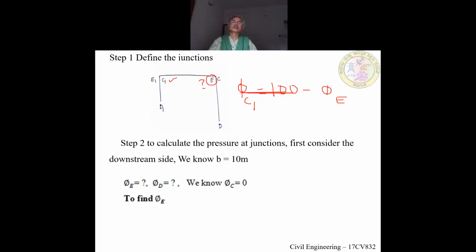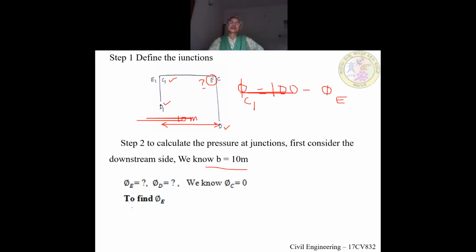For that, the formula is known. And also to find pressure at D1, you have to find out the pressure at D here. So for these two, the formulas are given. And B is the base length, the distance between two piles, given as 10 meters.